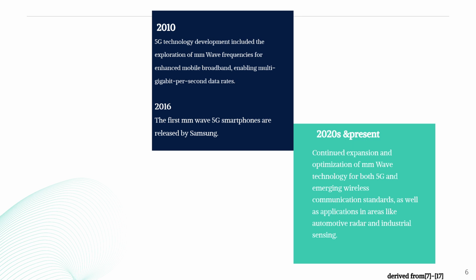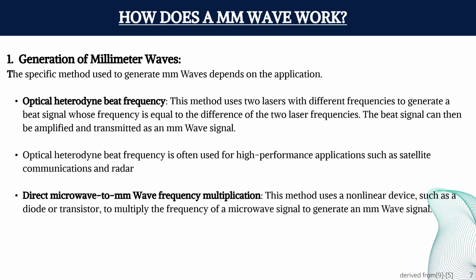In the 2020s and the present situation, there is a continued expansion and optimization of millimeter wave technology for both 5G and emerging wireless communication standards, as well as applications in areas like automotive radar and industrial sensing. Also, this technology is mainly used for research applications.